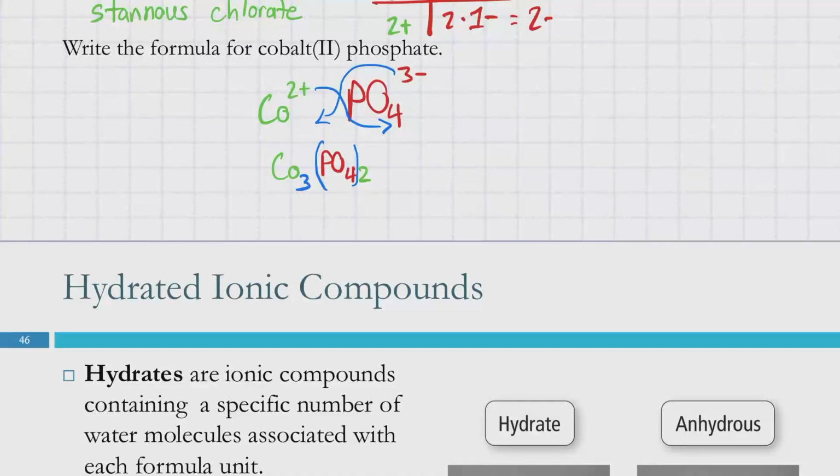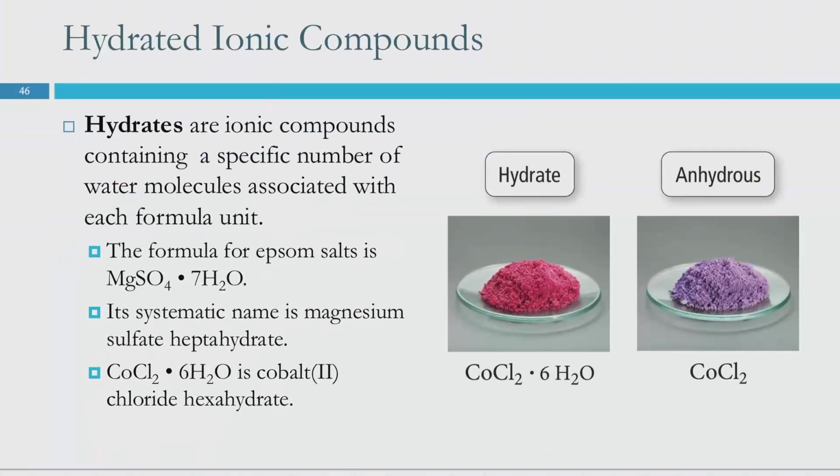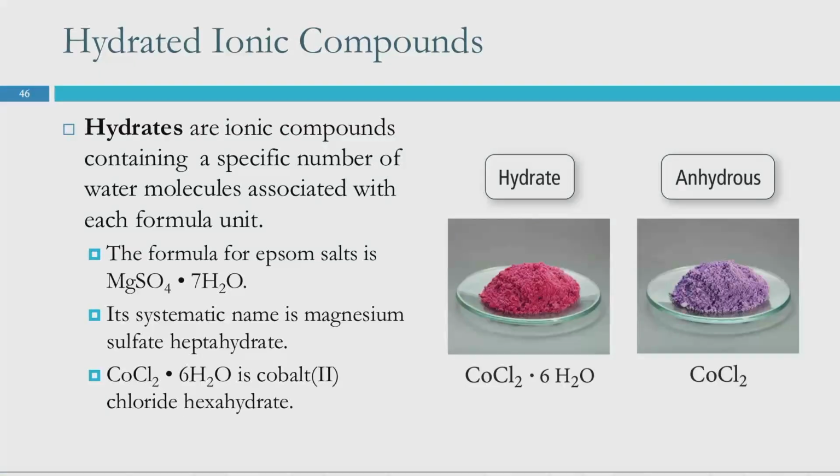There are also, in addition to just the massive amount of fun that we've been having with ionic compounds, we can also hydrate them. If I say that I'm hydrated, what does that mean? I'm full of water. I got lots of water in me. I've been drinking water, right? Similarly, ionic compound hydrates are types of compounds that have water molecules with them.